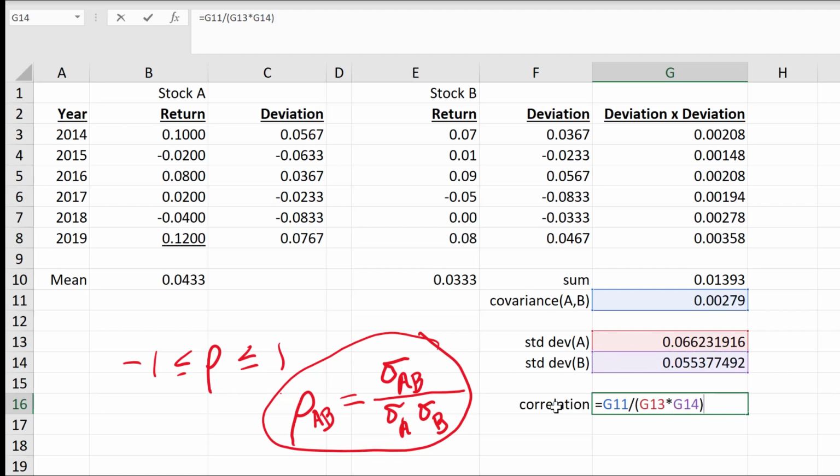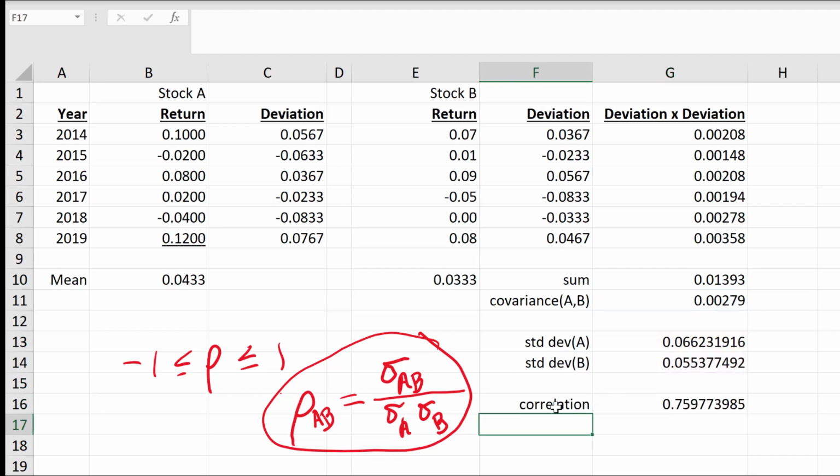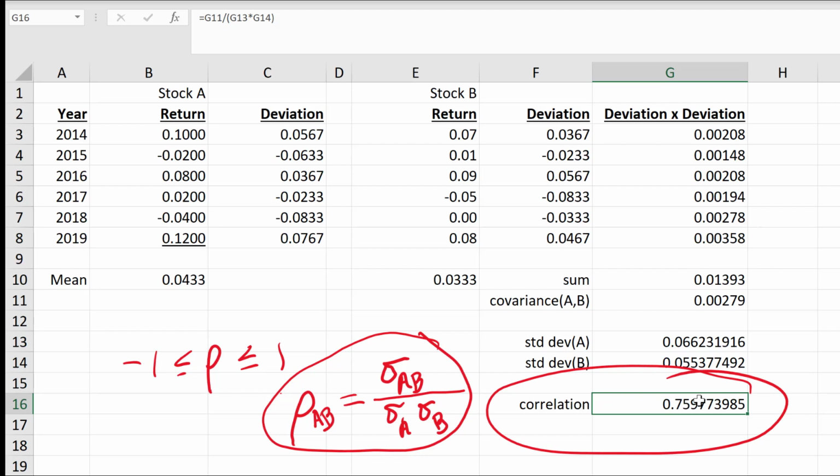And we know this is going to be positive, okay? And this value of 0.76 is quite strong. You typically don't find two stocks that have this strong of a positive correlation. But at the end of the day, the message is that A and B tend to move together, and the strength of that relationship is pretty high.